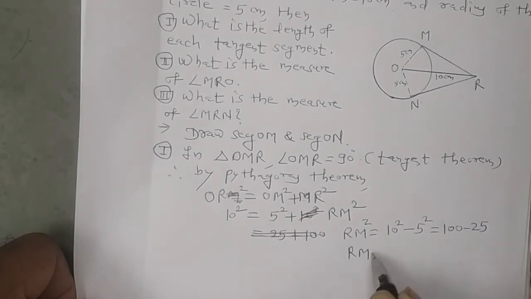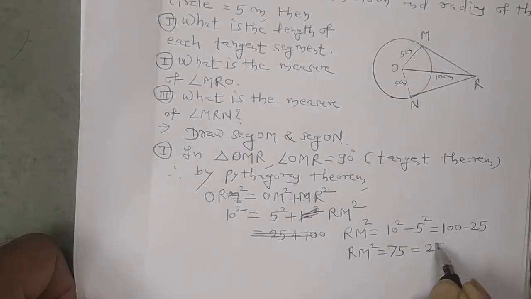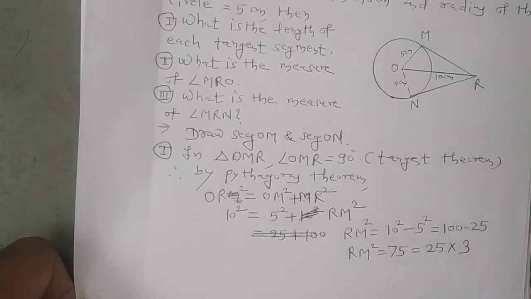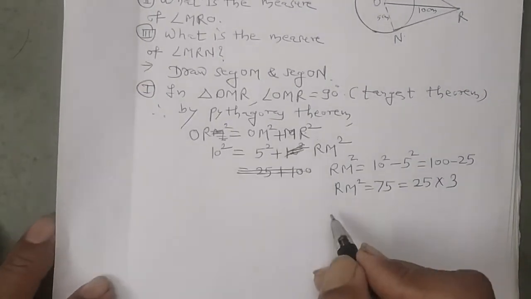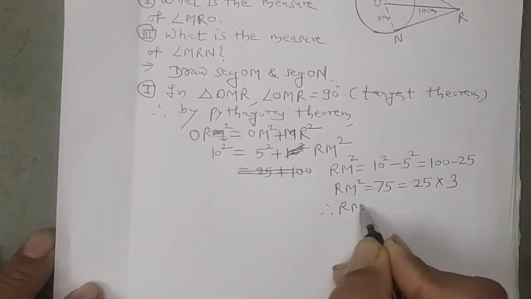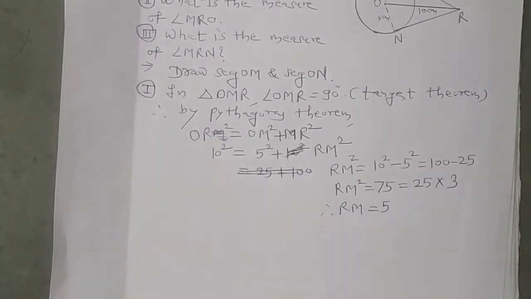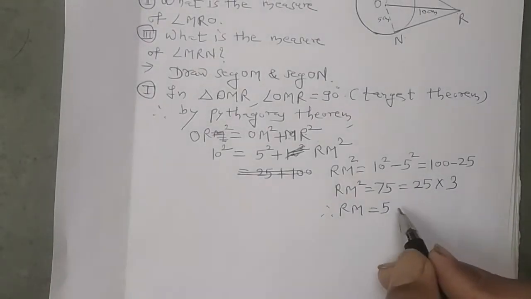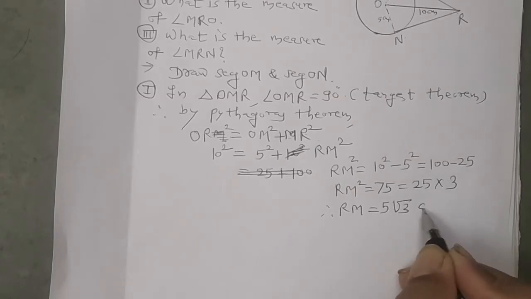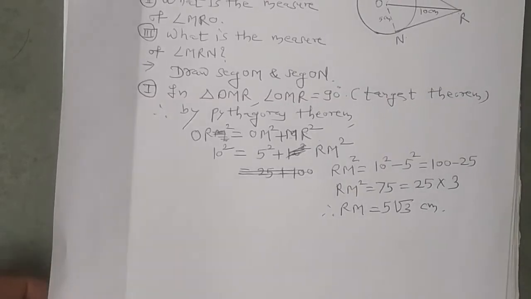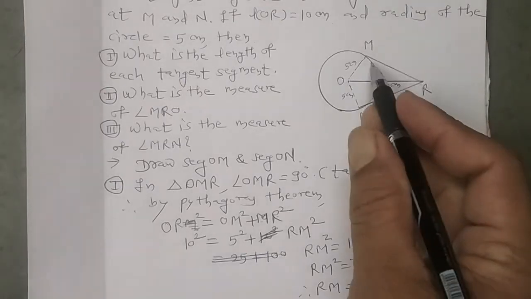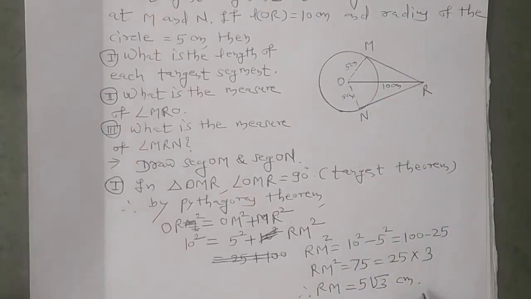Therefore, RM square is equal to 75 is equal to 25 into 3. Now taking square root, therefore RM is equal to 5 square root 3 centimeter.